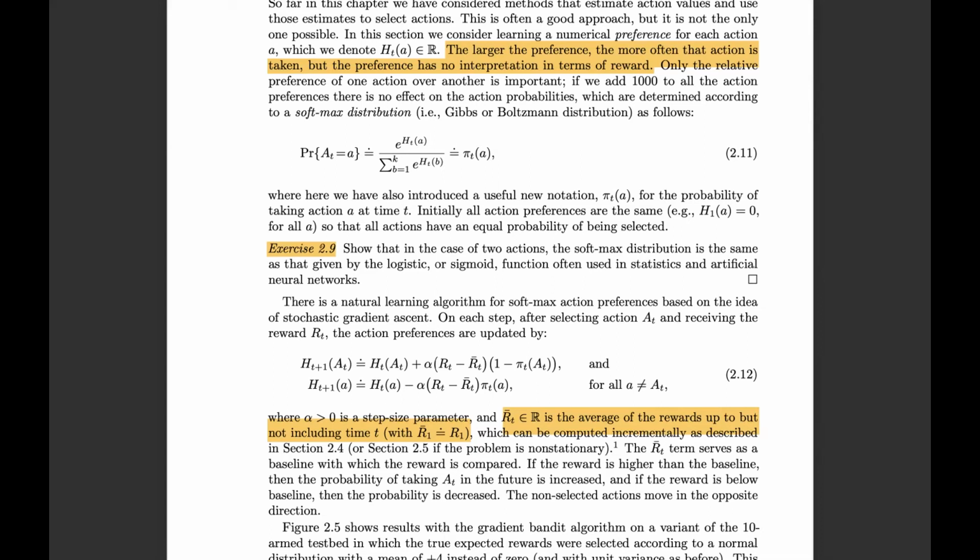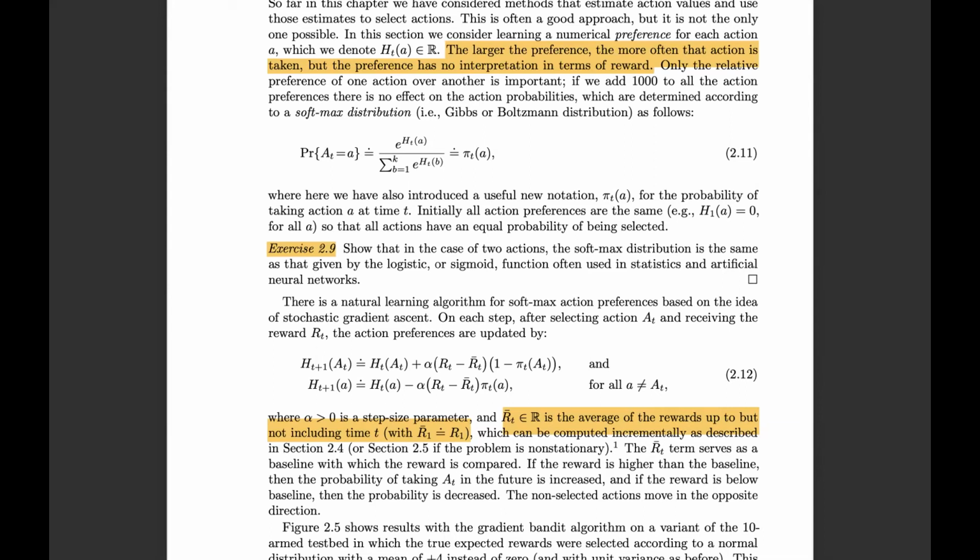So then it goes on to the action preference that it had initially selected.